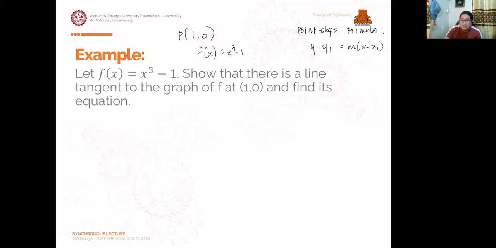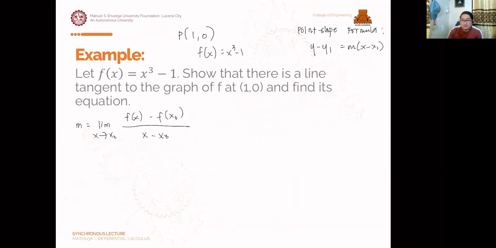So, gagawin natin is perform natin yung formula given on the previous slide, no? Na si m is equals to limit of f of x minus f of x sub 0 over x minus x sub 0 as x approaches x sub 0.